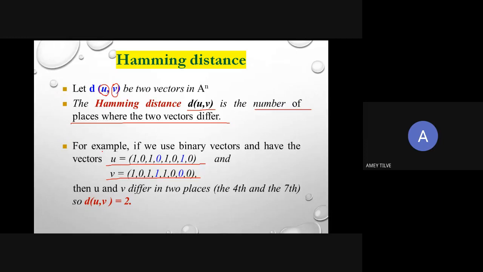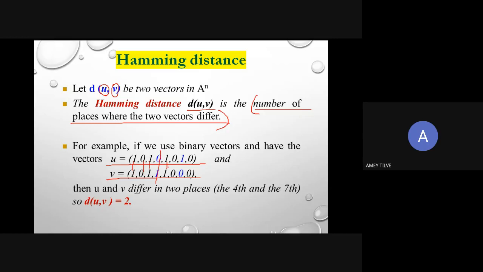Let us go directly to an example. Take a binary vector u, which is 1 0 1 0 1 0 1 0, and vector v, which is 1 0 1 1 1 0 0 0. I need to find the number of places where these two vectors differ. Over here they match, over here they match, over here they match, over here they do not match, 0 and 1.